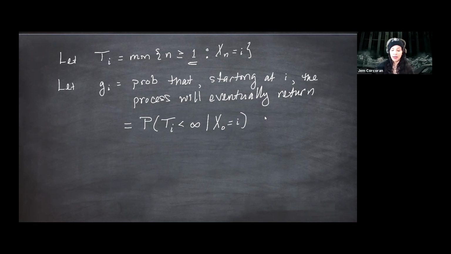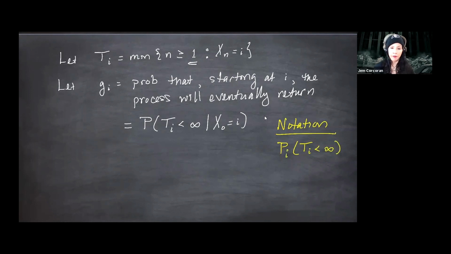As a notation thing, since we're going to be writing this a lot, you could write this as the probability that T_i is finite, with a subscript i on the P, which means that you started from i.